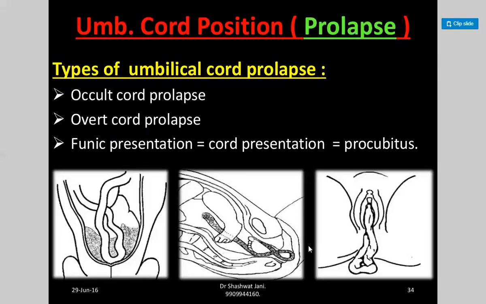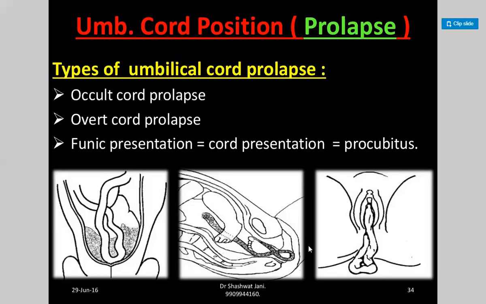And sometimes the umbilical cord position can lead to cord presentation, and it can also lead to prolapse. The types of umbilical cord prolapse are occult cord prolapse and overt cord prolapse. Sometimes there is a funic presentation, where the umbilical cord is the presenting part. That is nothing but cord presentation, or procidentia. All mean the same.